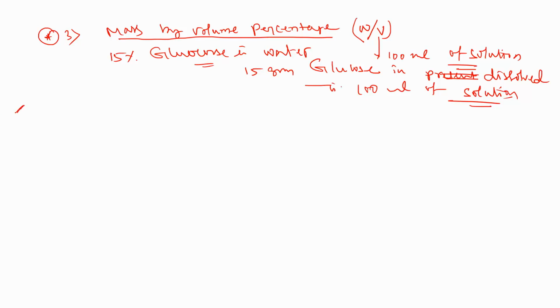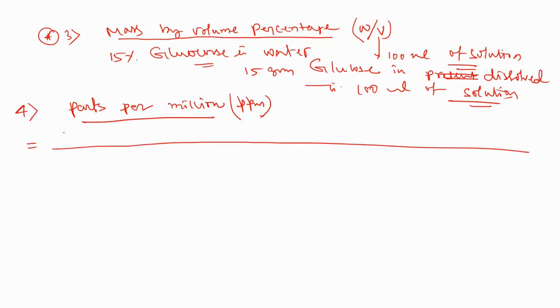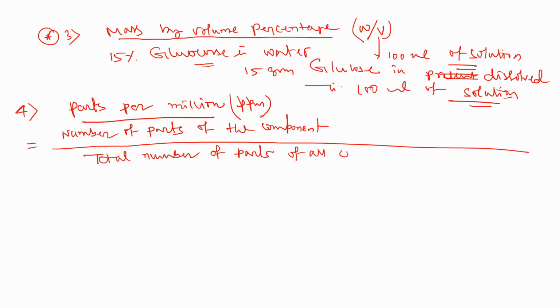Another way, which is important, is parts per million, that means ppm. What is that? It is the number of parts of the component divided by the total number of parts of all components of the solution, into 10 to the power 6.